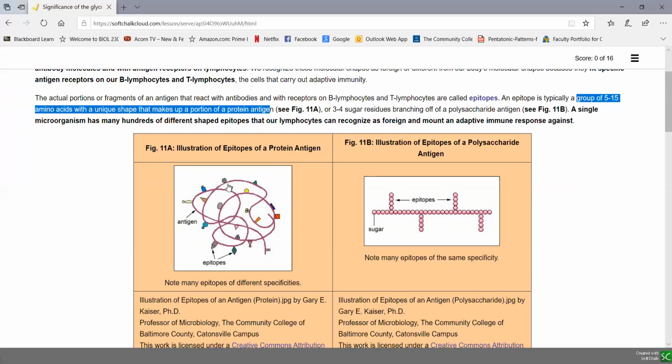So a protein antigen often has many different epitopes because there are 20 building blocks in proteins, giving us a large variety of different arrangements of amino acids, giving us a wide variety of different shapes to recognize.